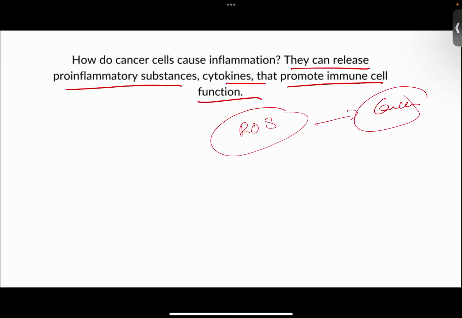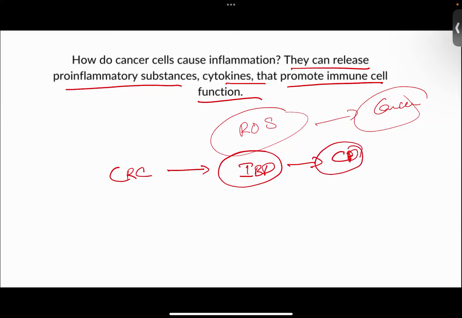There are a lot of cancers associated with chronic inflammation, like colorectal cancer. There is an inflammatory condition called IBD, inflammatory bowel disease, if you have heard. There are reports that people who have Crohn's disease, after 20 or 30 years, might get converted to colorectal cancer.